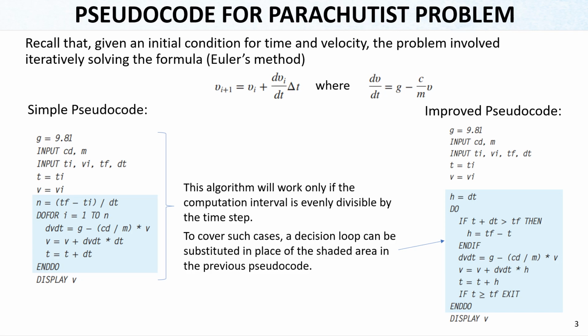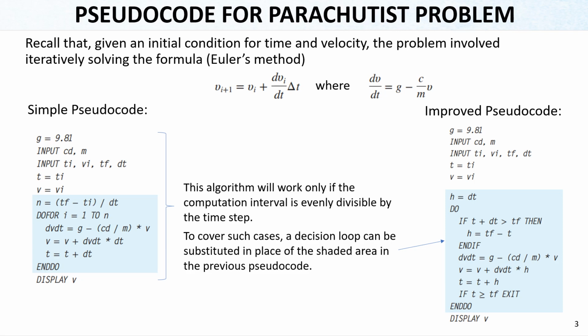Then we will have an n count value, so we will use do for with a count number. So with the final and initial time difference divided by the increment of time, like we define for example in chapter 1, 2 seconds. So we can divide by that, and we can have an n number. So we continue calculation until this i reaches the n value, so from 1 to n. And we will have a function dv dt, which is actually this one, which calculates the dv dt value based on these inputs.